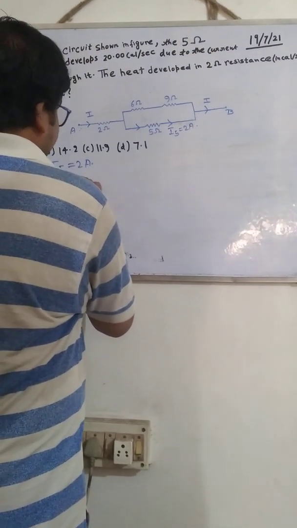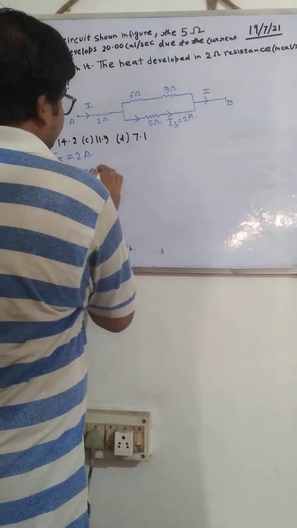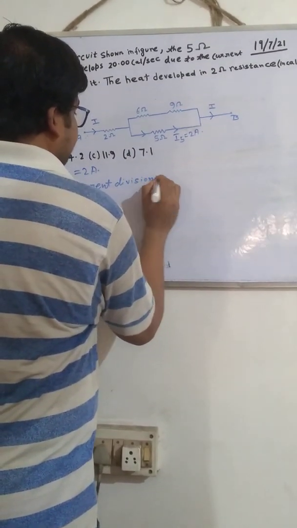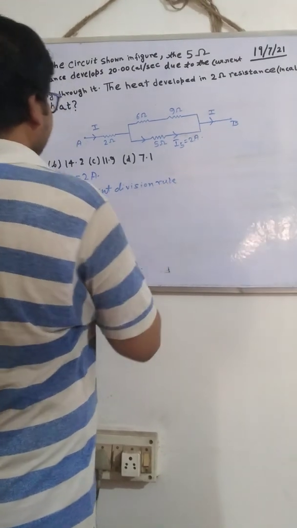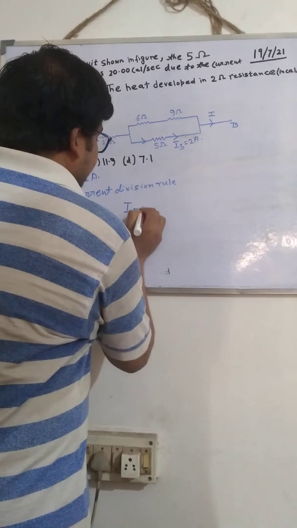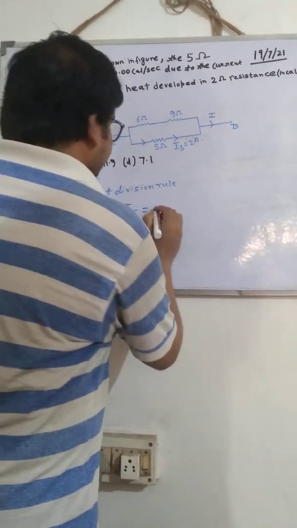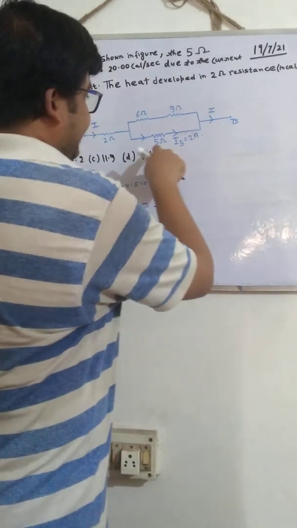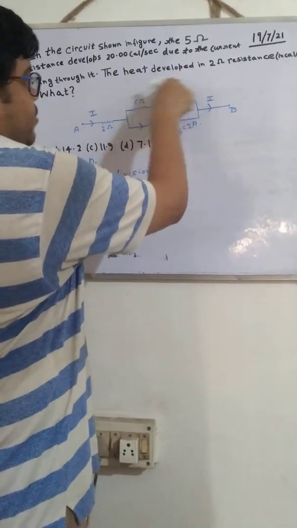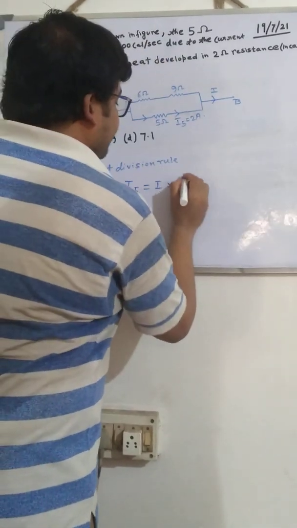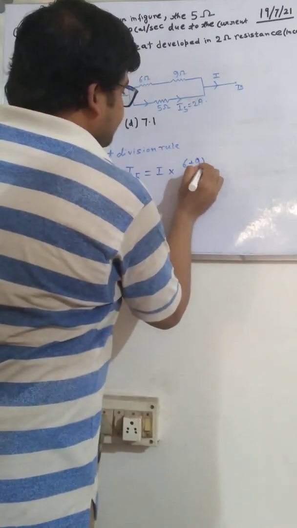So by current division rule, I5 is equals to main current into next path resistance, that is 6 plus 9.